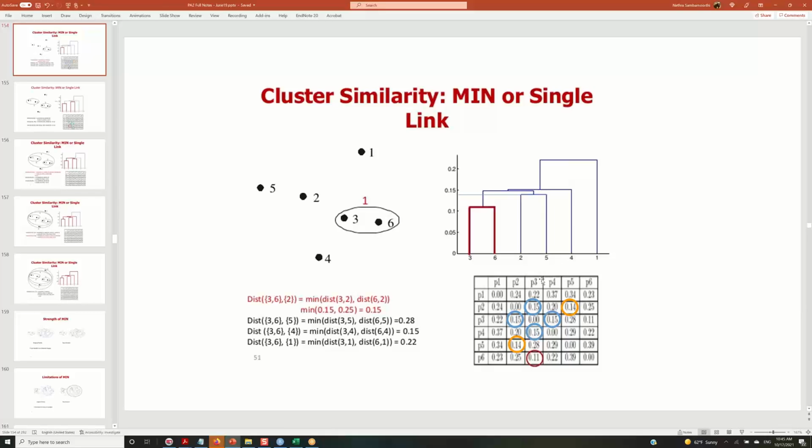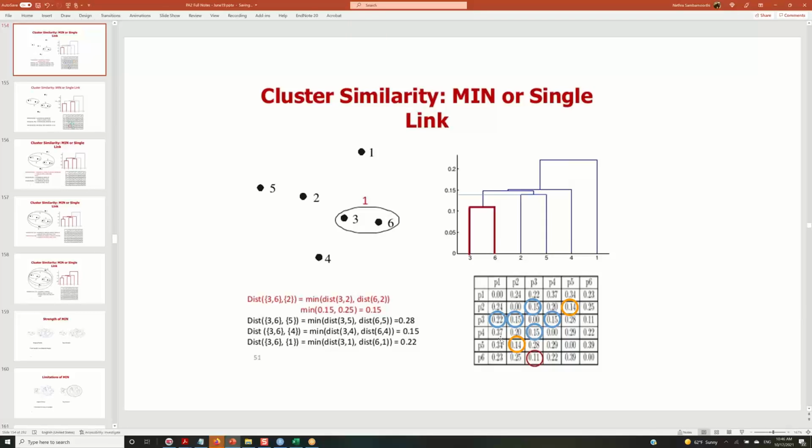But P1 gets connected at 0.22, right? By way of that, 1 is connected to 3 at 0.22. Agreed? That's the next minimum. So when it reaches 0.22, everything is connected because 1 is connected to 3, so it's connected to everything else.